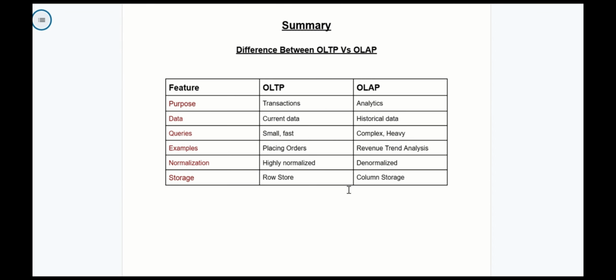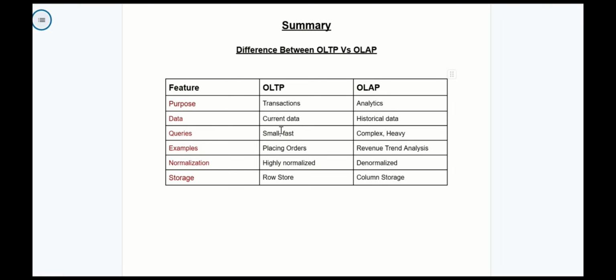And then this is the summary of OLTP and OLAP, where we have the features, OLTP and OLAP. You can see the purpose of designing: OLTP is normally designed for faster transactions, while OLAP is designed for analytics. OLTP holds current data, while OLAP holds historical data.